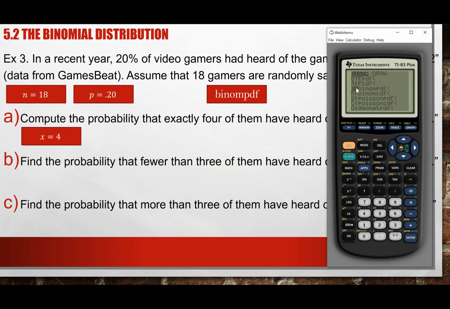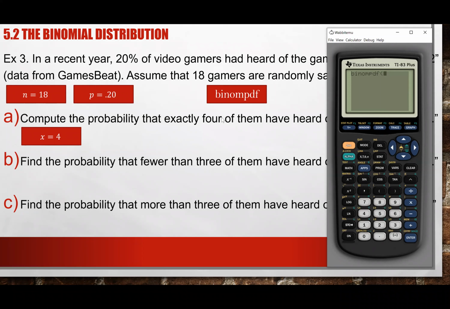Everybody see that I select this option, binomial PDF, then I press enter. If you have a TI-84, your life is a little bit easier, because your screen should have a number for trials, the number for P, and the number for X. Then you just type in the trials is your N, the P is 0.2, and the X is 4. So if you have an 84, life is good.